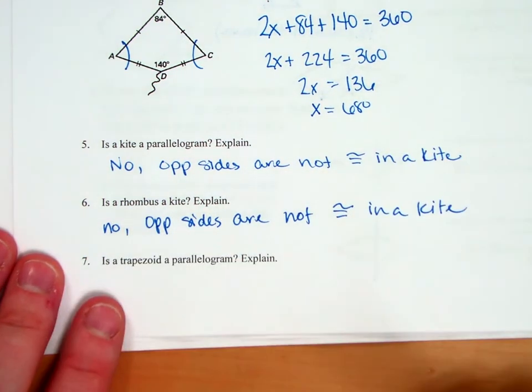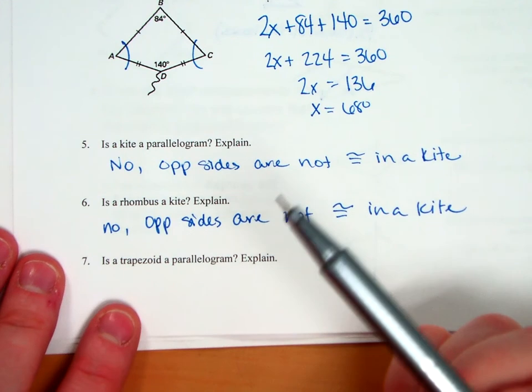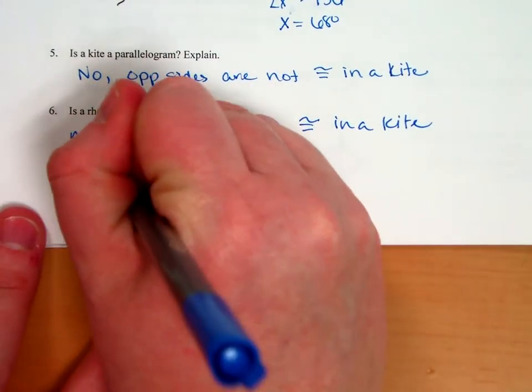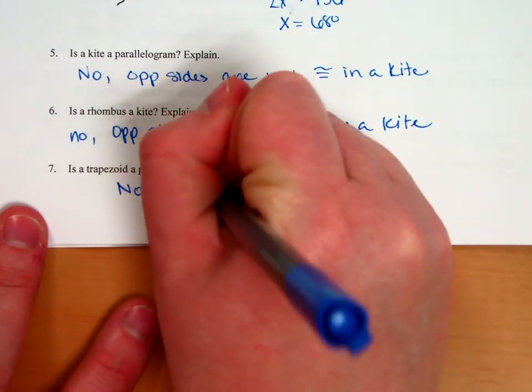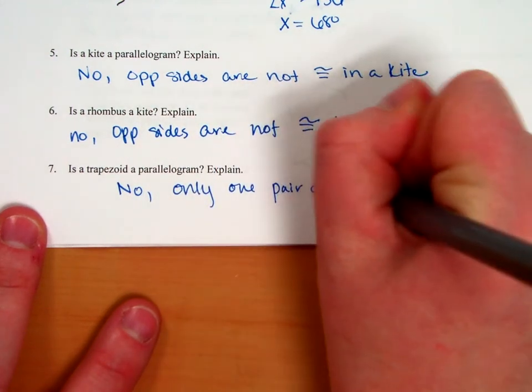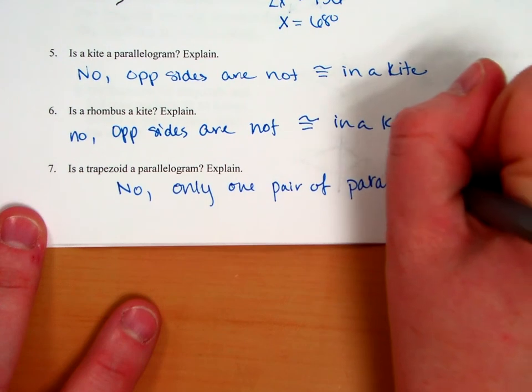In a rhombus, all sides are congruent, which therefore means opposite sides are congruent, which is why a rhombus is a parallelogram. Is a trapezoid a parallelogram? No. Only one pair of parallel sides.